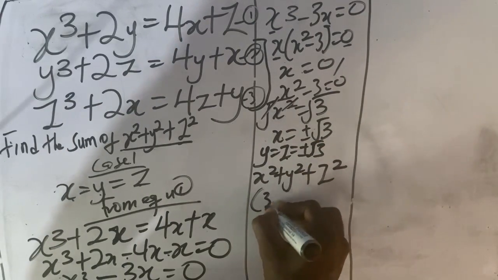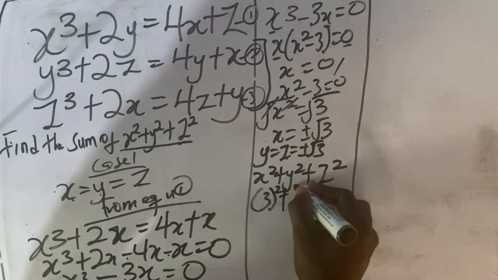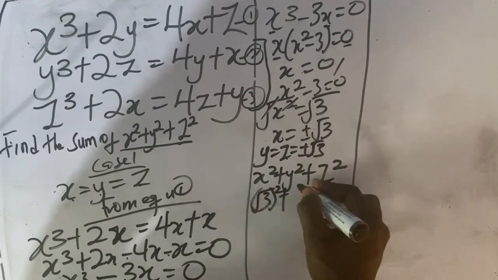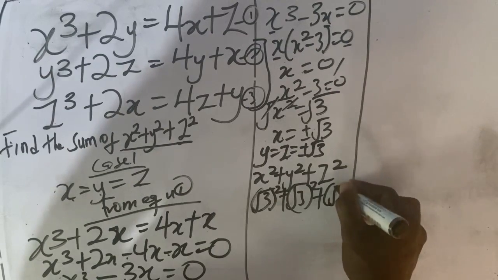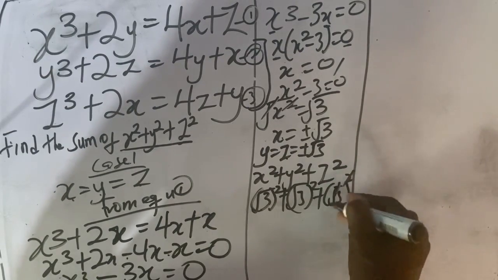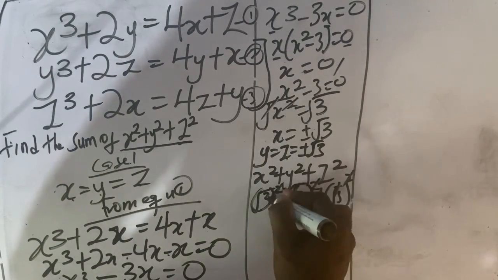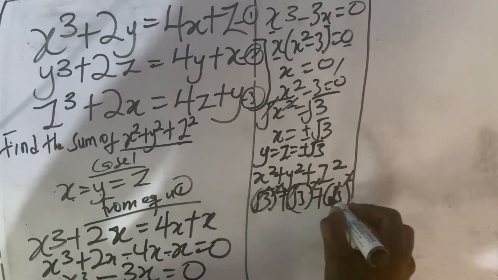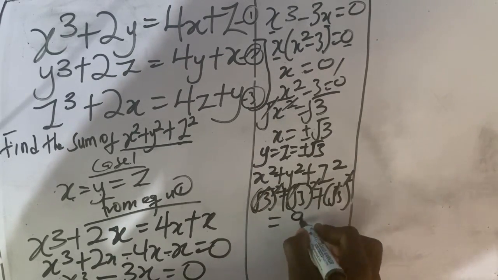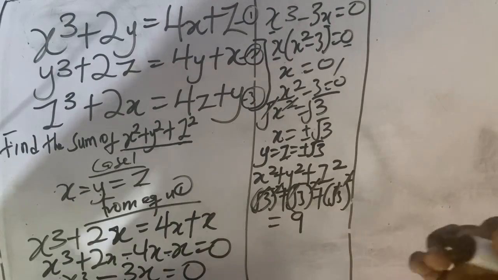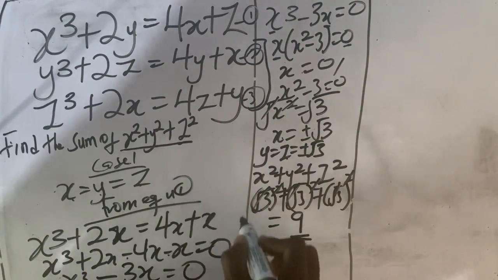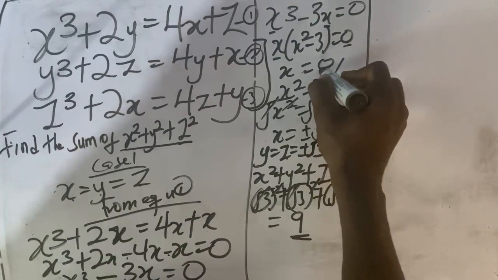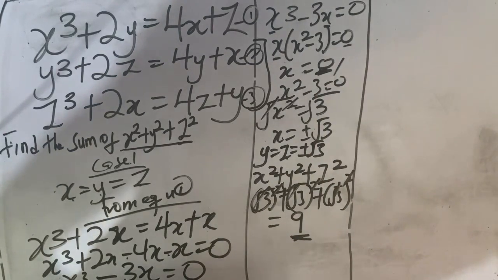So in this case I have the square root of 3 all squared plus the square root of 3 all squared plus the square root of 3 all squared. The square will get rid of the square root, and I have 3 plus 3 plus 3, which is just going to give me 9 in this case. So our first part is giving us 9. We had our first part to be 0 here, the second part is also giving us 0, right?